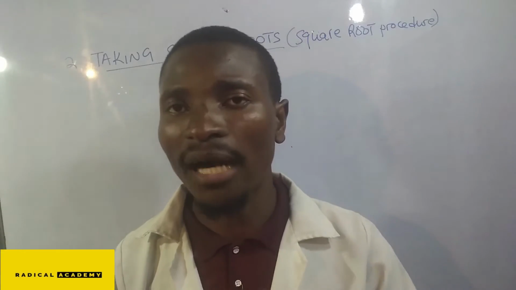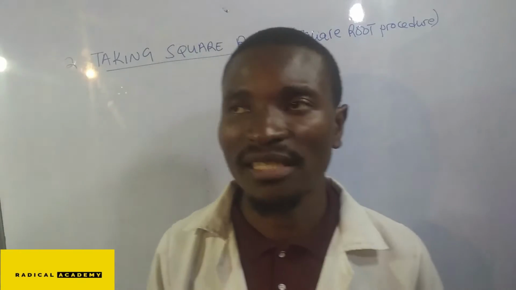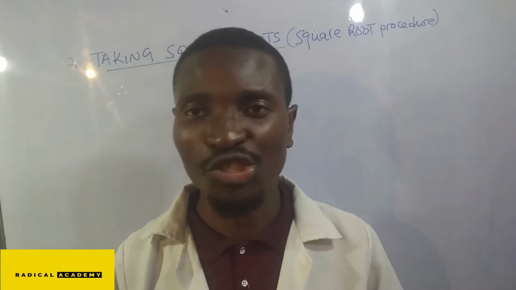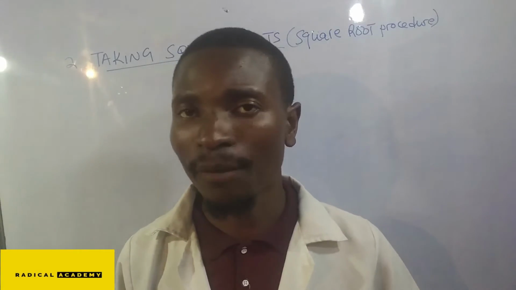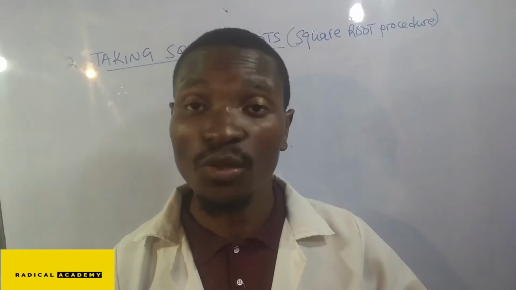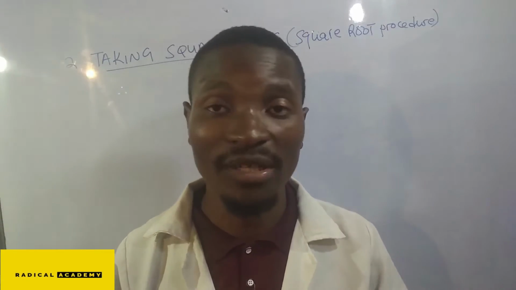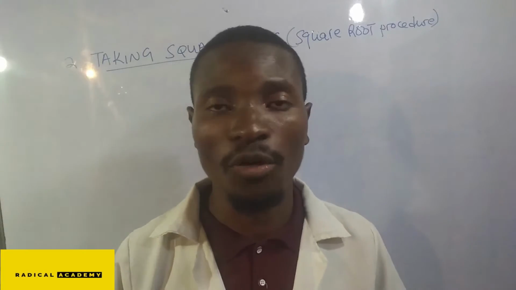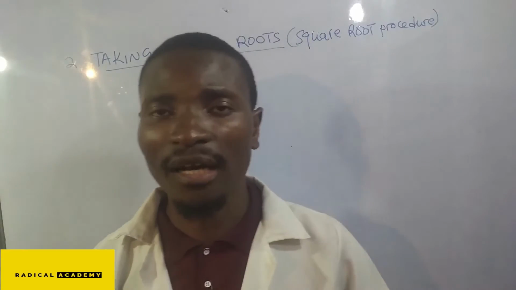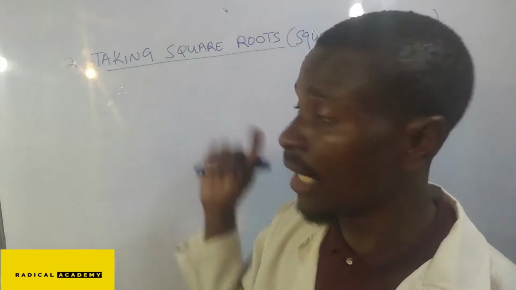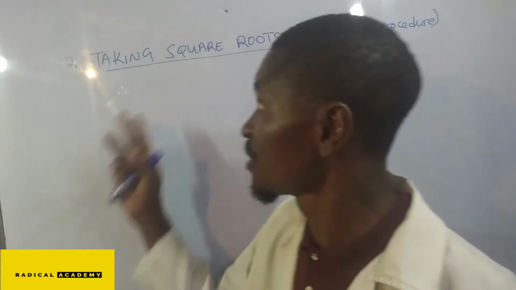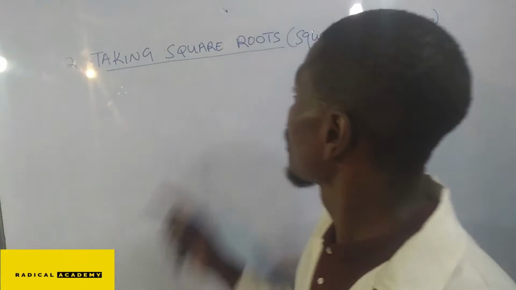Okay, so now in this video we'll be looking at another example, which is also the second method that can be used to solve a quadratic equation. So just stick around, and we'll start with the second method, which is taking the square roots.